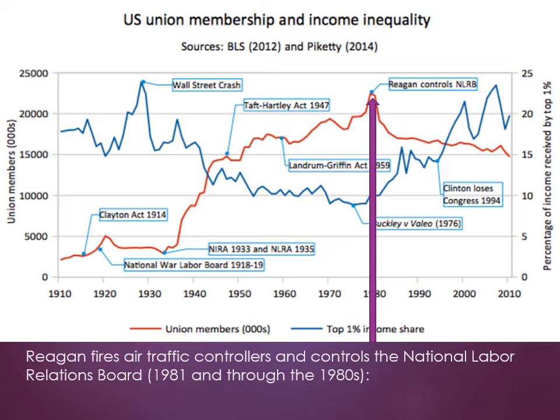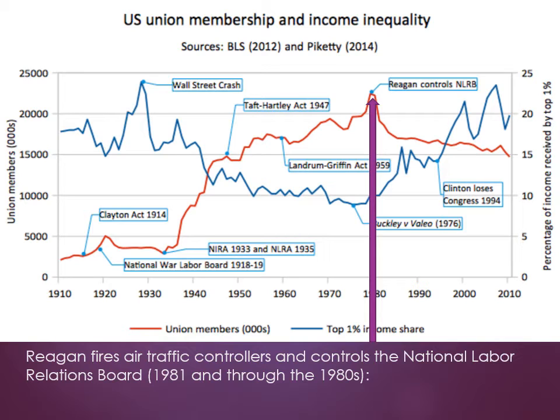Among other things, he fired the air traffic controllers who had gone on strike, and he made that stick, and that was a major blow against unions' rights to organize and to strike. He also was able to appoint members to the National Labor Relations Board, and he appointed members who were hostile to the rights of unions to organize, and how they define their bargaining unit, etc., things like that.